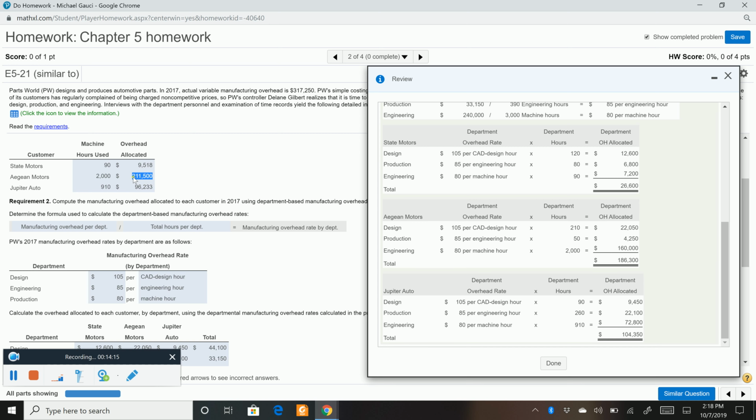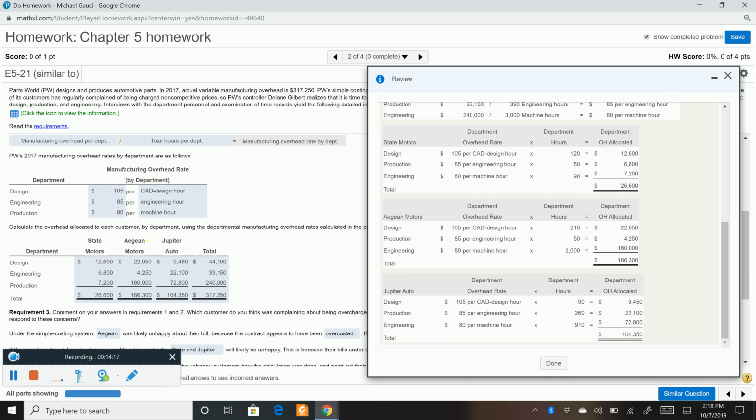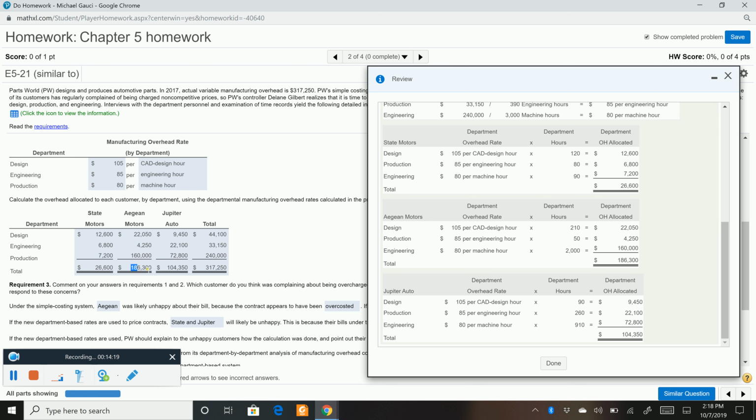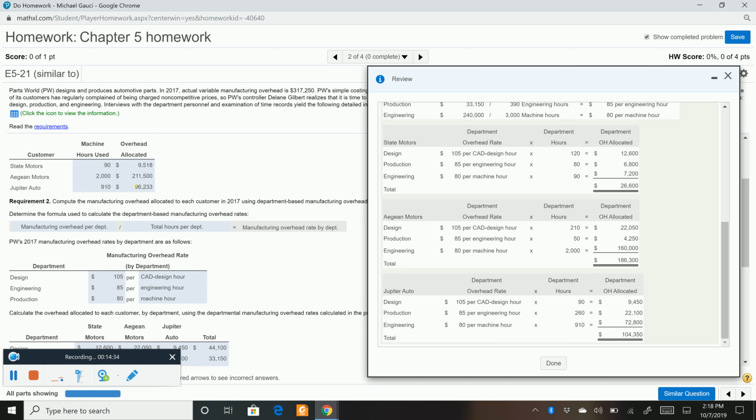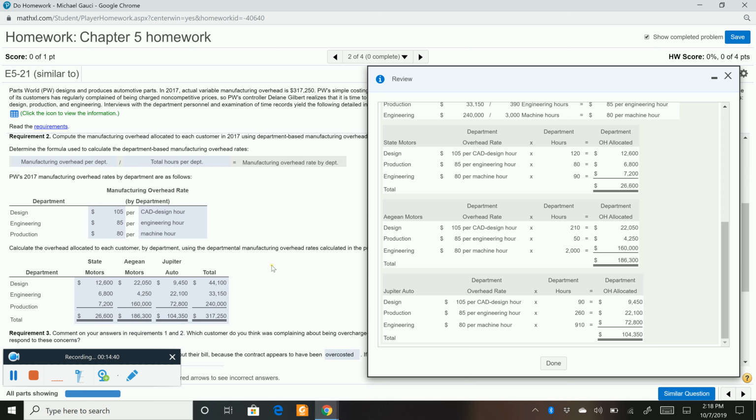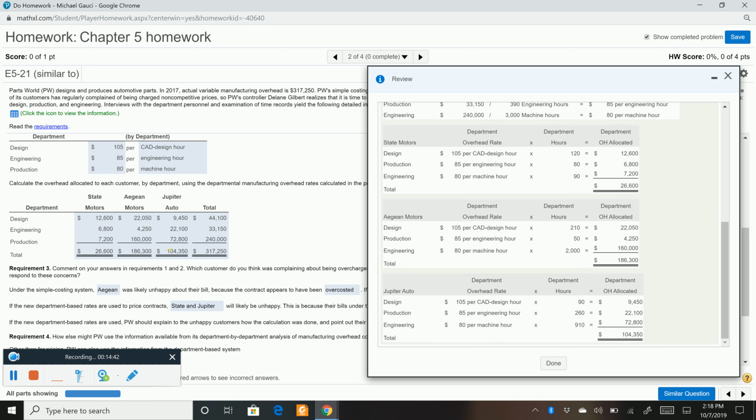AGN Motors, we originally allocated $211,500 based on the simple method. We should be allocating $186,300. We were overcosting AGN Motors, which means we're probably charging them too much, and they are susceptible to leaving us for our competition. And then last but not least, Jupiter Auto. Using the simple method of allocation, we allocated $96,233, but we should have been allocating $104,350.